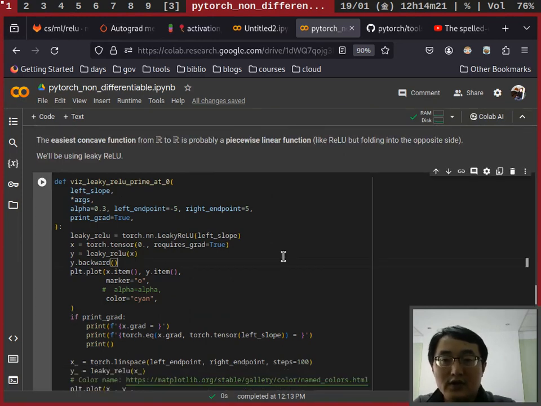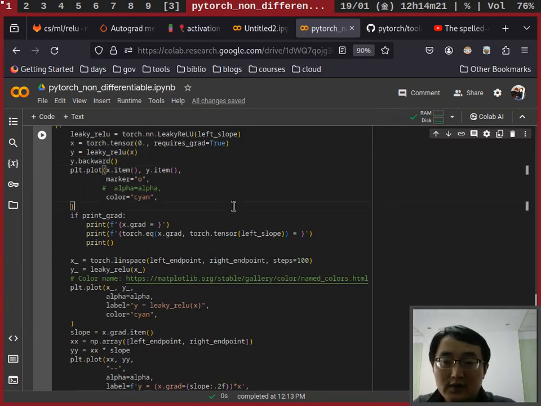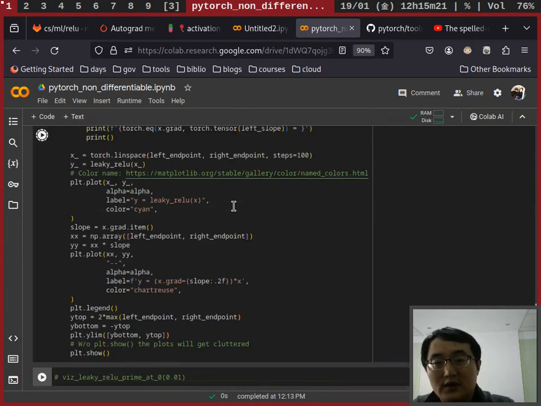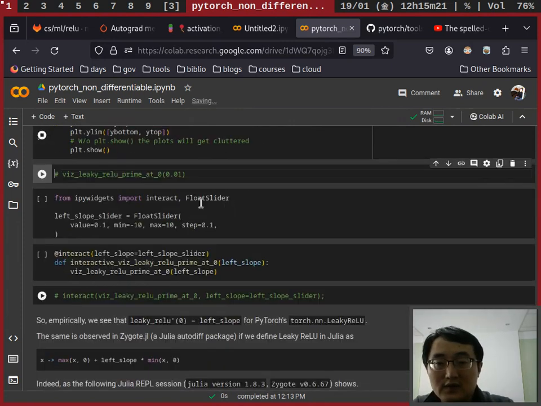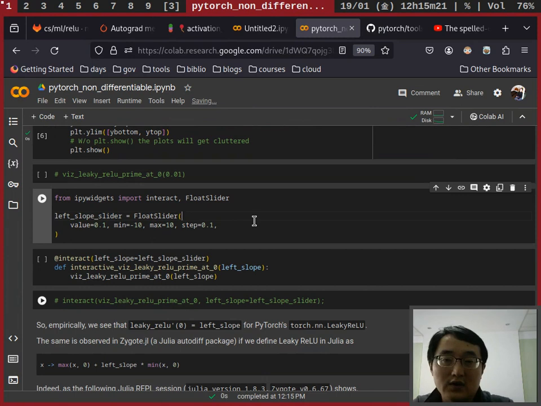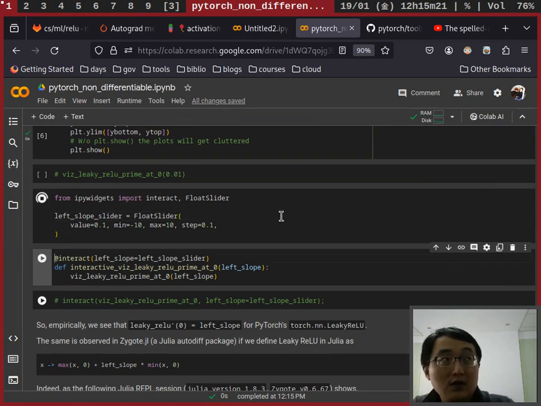So here is another visualization function that I implemented. This simply does the same thing as above, except that here the function is fixed to be leaky ReLU. What is tunable is the left slope, and using it along with ipywidgets, we can have an interactive visualization.